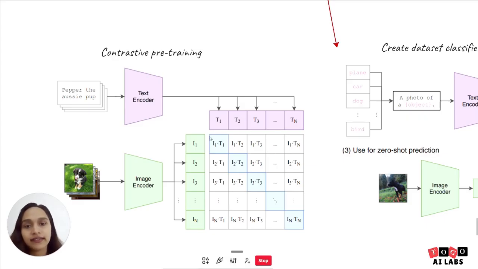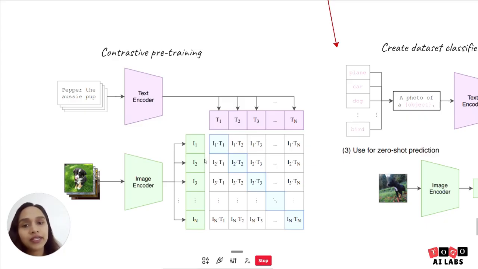Ideally, that is the cosine similarity, and it is basically the dot product of the image vector and the text vector. If the dot product is positive, then the cosine similarity is very high, and it will be high only if the image and the caption are related.